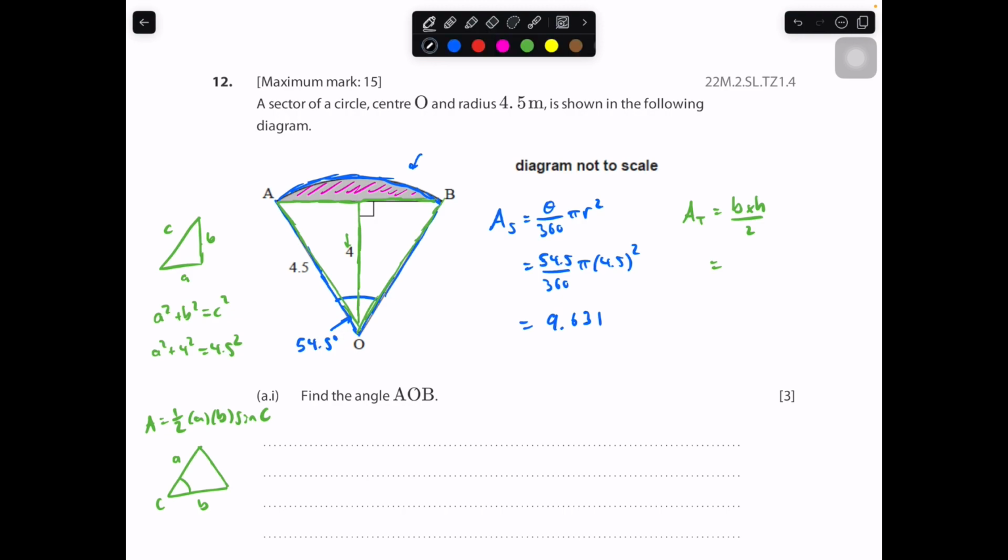You can do both, really. Find the value of a, then multiply by 2 and you have the base. Then base times height.